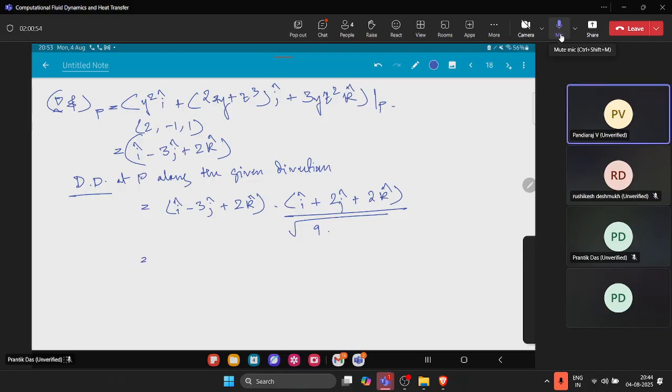So this will come as 1 minus 6 plus 4 divided by 3. So minus 1 by 3 it is coming.